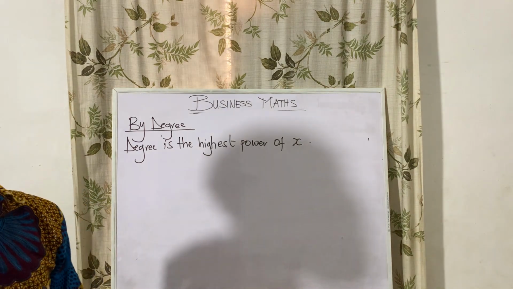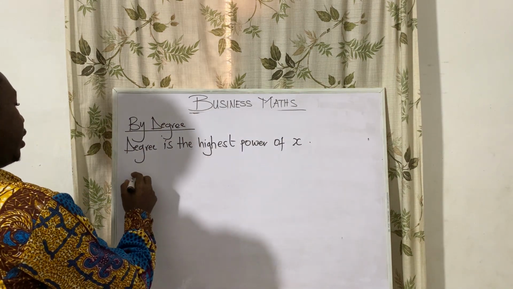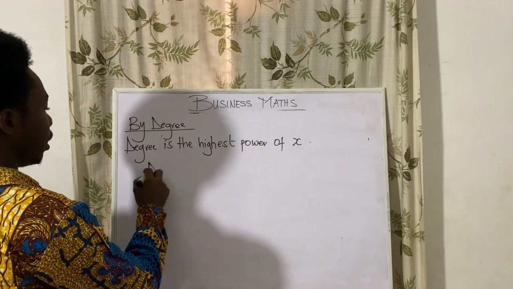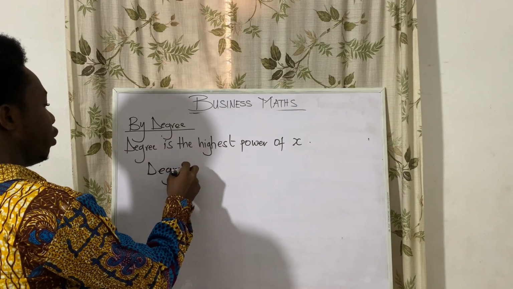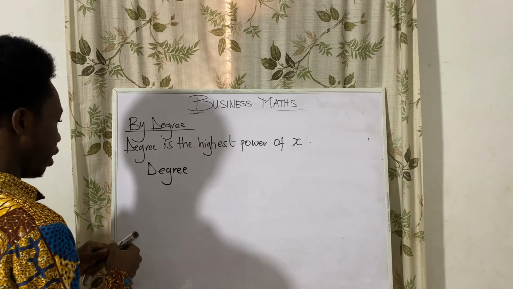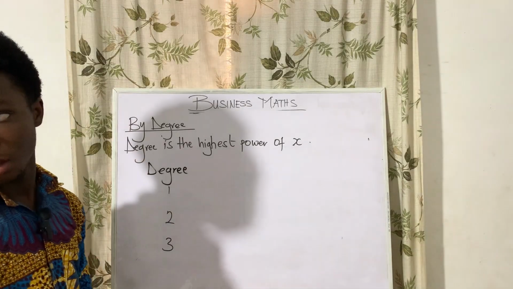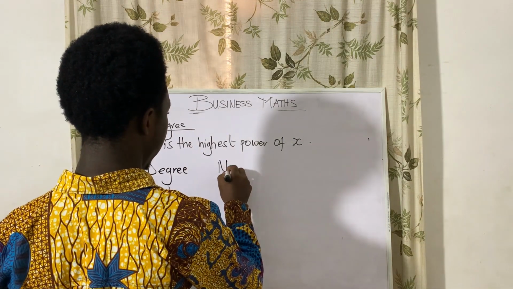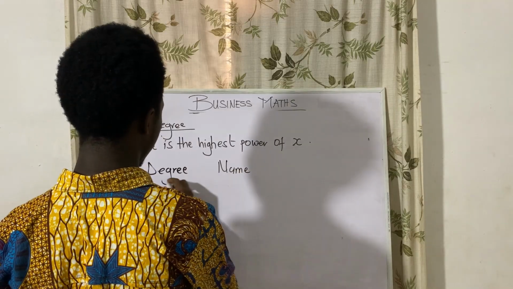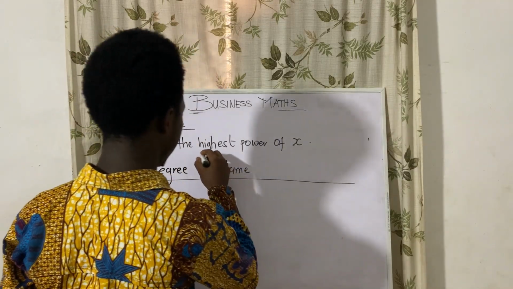We have degrees from 1 to 3. So let's draw our table. Over here will be the degree: degree 1, degree 2, and degree 3. Then we have our name, and then an example.